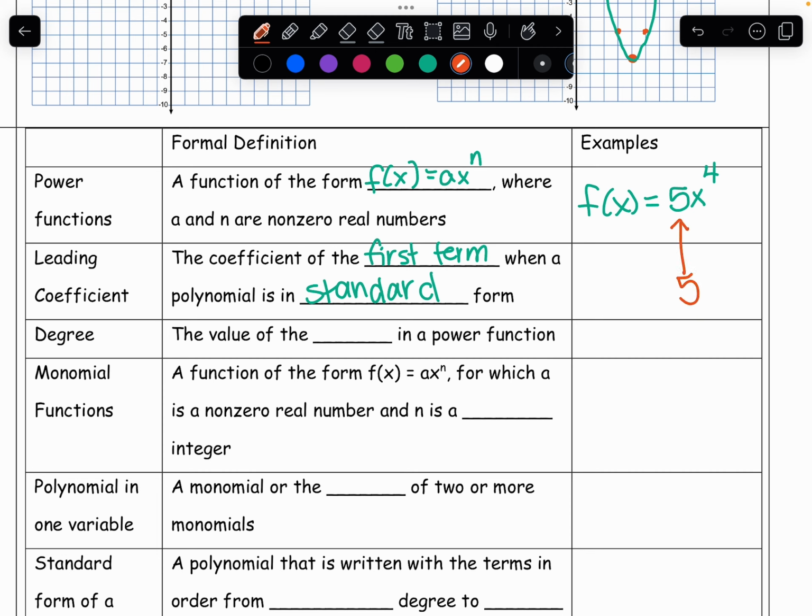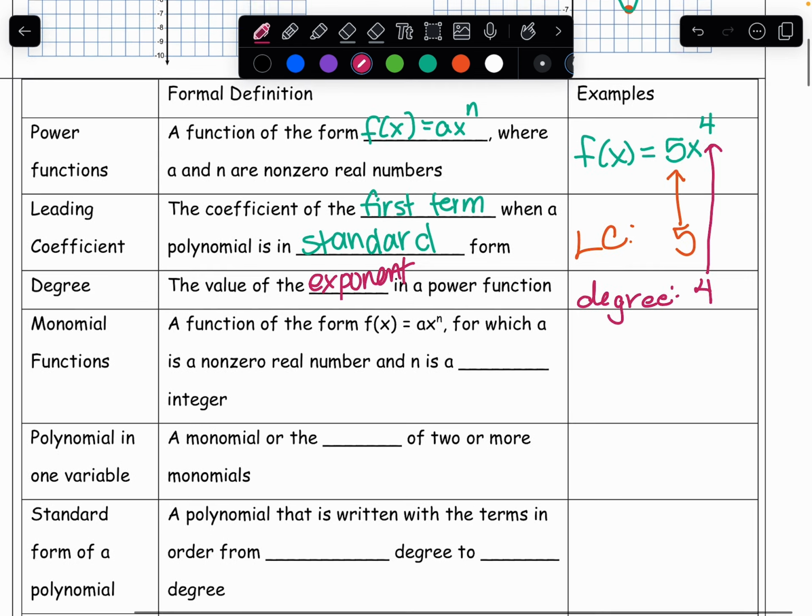I'm going to use LC for it. Now our degree is the value of the exponent in a power function. In this case, our degree is 4. We're all just working off of that same original problem.